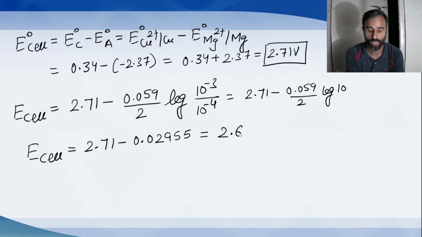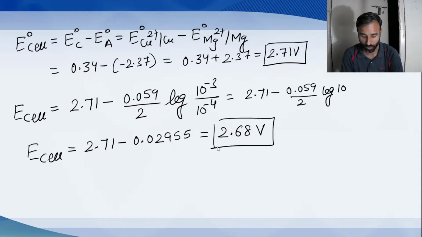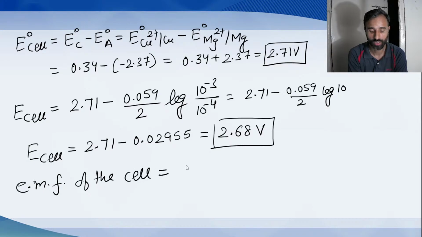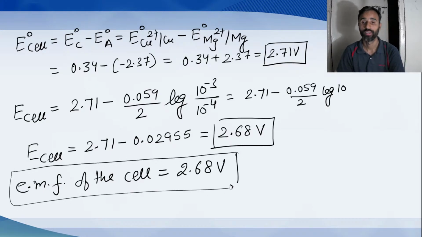So 2.68 volt is the EMF of the cell. So EMF of the cell is equal to 2.68 volt. Yes, beta, this is the use of Nernst equation.